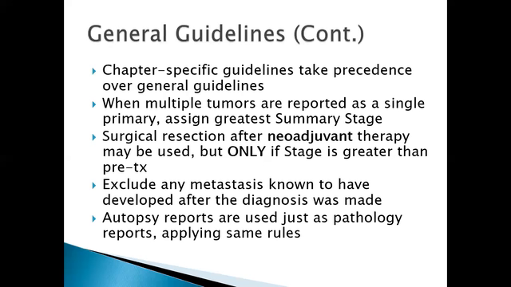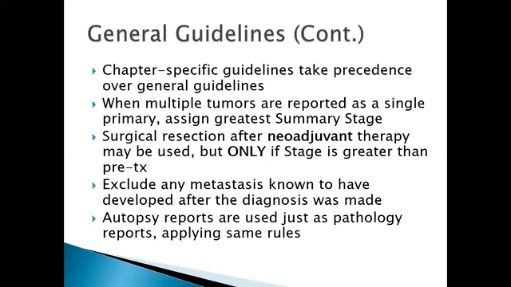So, the diagnosis is done, the workup is done, and then for whatever reason, suddenly they have a progression before treatment was started or whatever. We can only assign the summary stage using the information up to the point where that patient's cancer progressed or got worse.